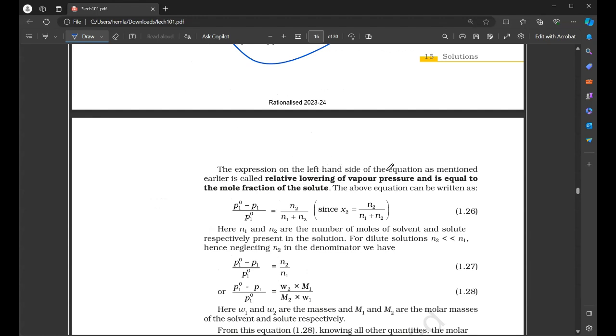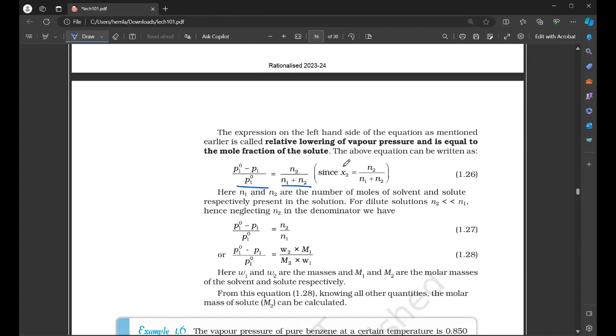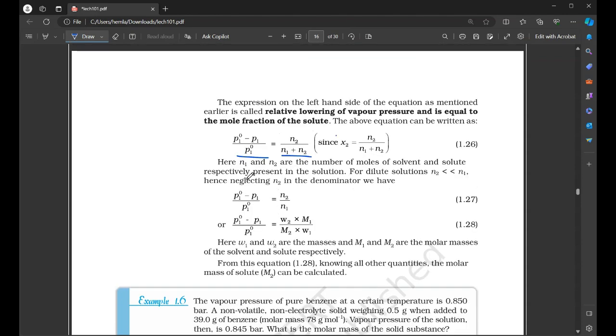The expression on the left side of the equation, as mentioned earlier, is the relative lowering of vapor pressure and it is equal to the mole fraction. We are using the same principle of equating the vapor pressure, which we were first equating with the mole fraction. Now we are equating it with the relative lowering of vapor pressure, since x2 is equal to N2 upon N1 plus N2. Here, N1 and N2 are the number of moles of solvent and solute respectively present in the solution.